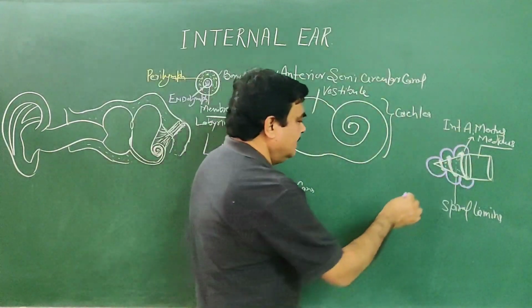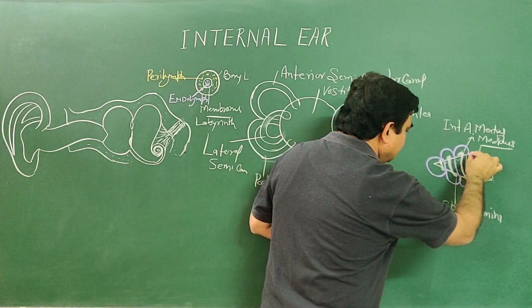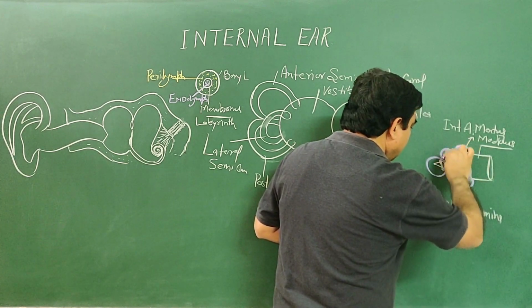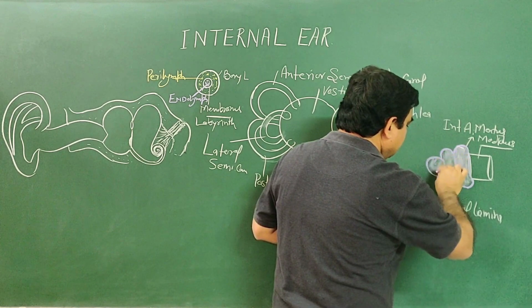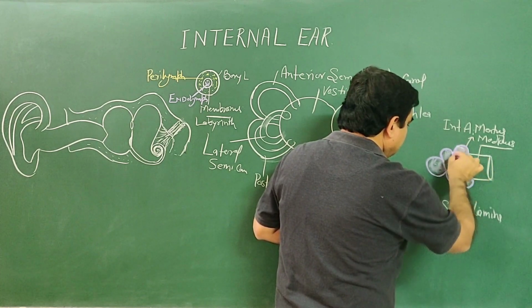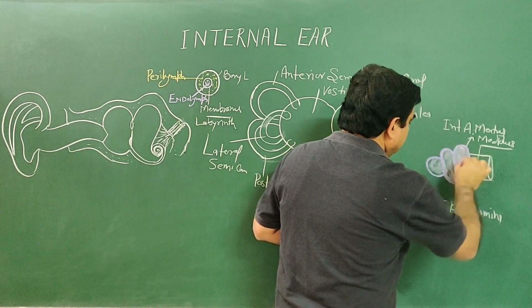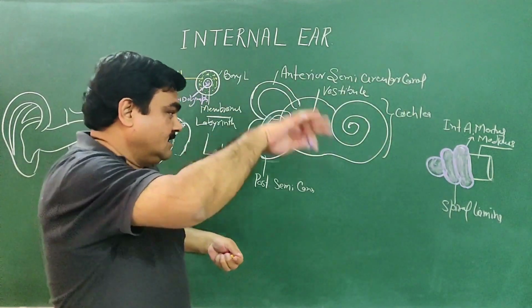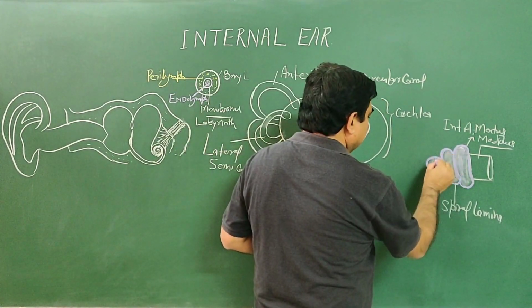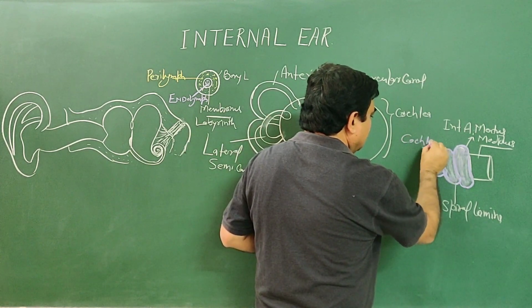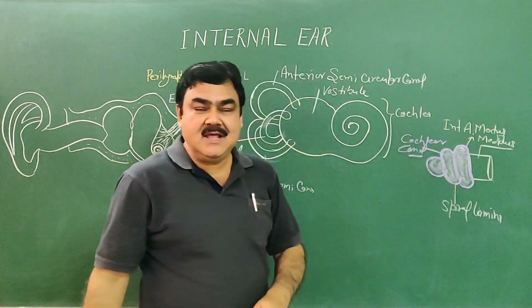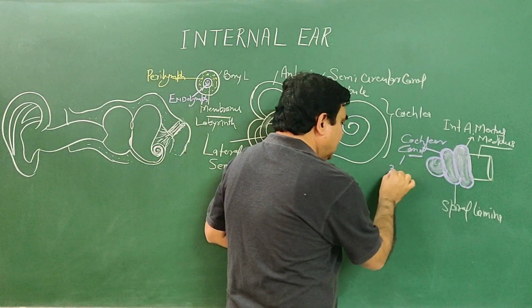This is the cochlear canal, which spirally covers the modiolus. The total length of this spirally arranged cochlear canal is about 35 millimeters.